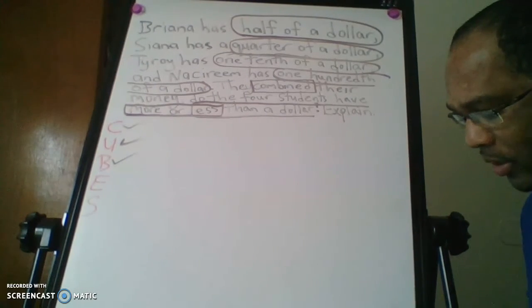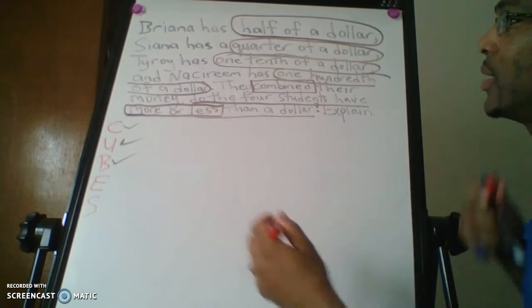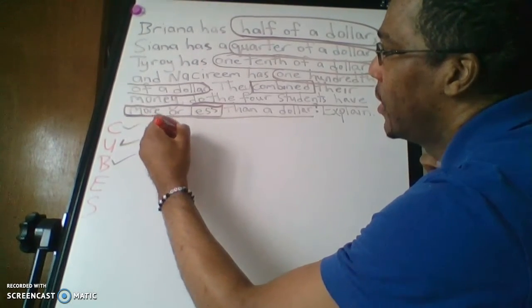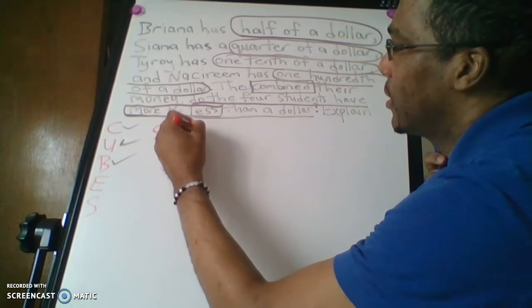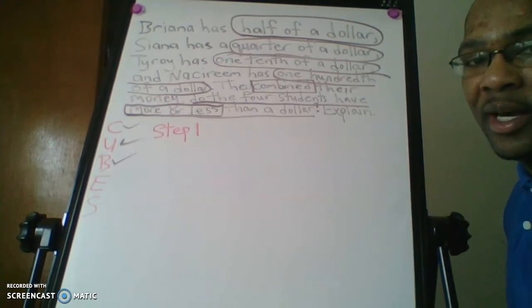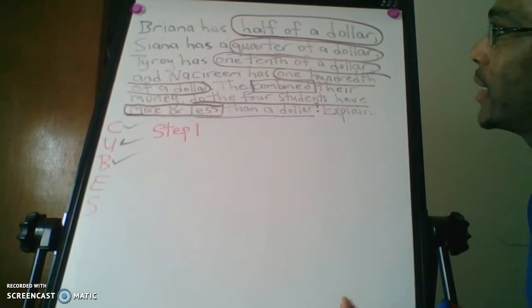Now I'm going to evaluate. Now, how do I go about evaluating this? I'm going to evaluate by doing it in step form for you. So step one, and all questions might be different, but just use cubes and use the different steps, breaking them down, working it step by step.